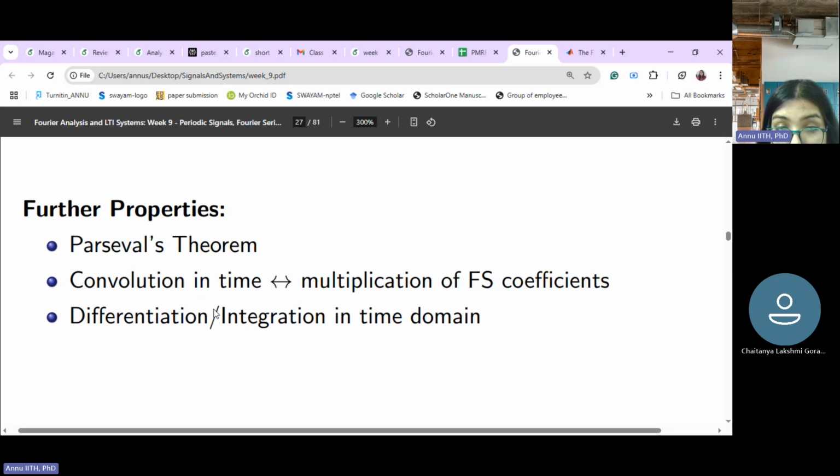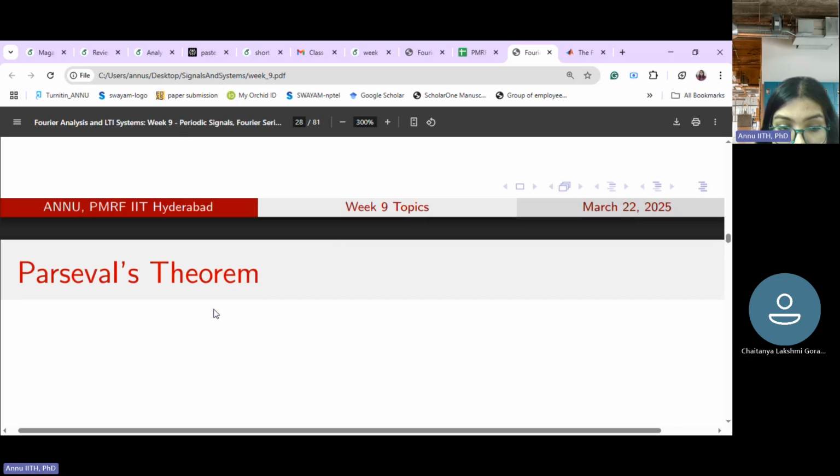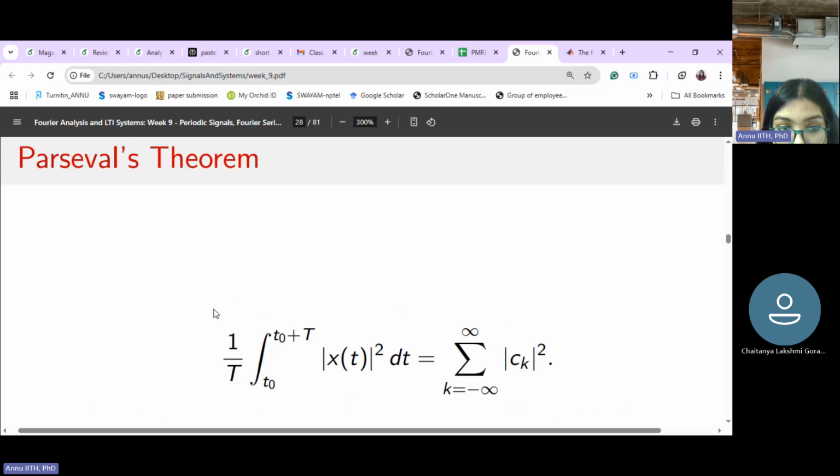A periodic signal repeats in time, so you calculate the power over one time period and average it. Whereas an energy signal is defined for an indefinite time but does not repeat, so you integrate over all time. I covered that long back. So this is Parseval's theorem.